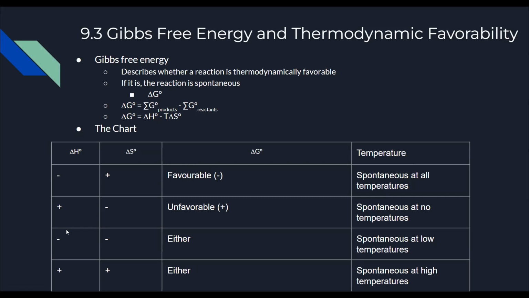When delta H is negative and delta S is negative, that shows delta S is unfavorable.